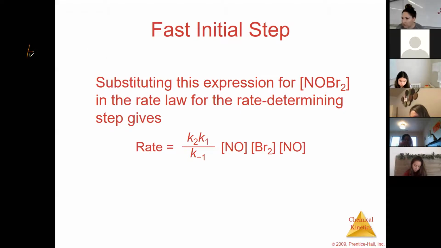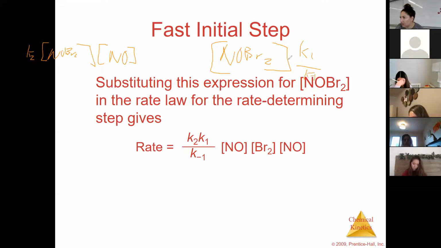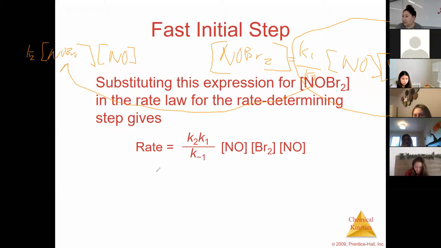So for our rate determining step, the rate was K times NOBr2 times NO. We did some work and we found that NOBr2, using the first step, is equal to K1 over K negative 1 times NO times Br2. So we took all of this and substituted it here, and that's what this is.